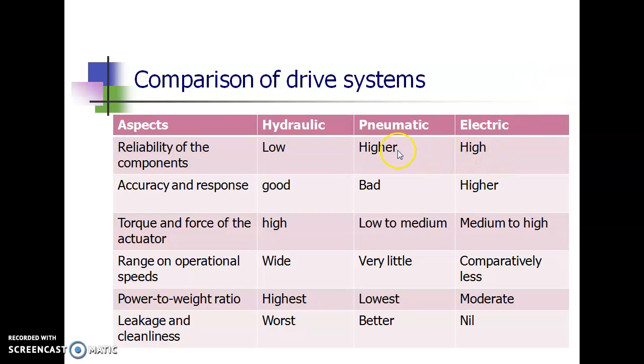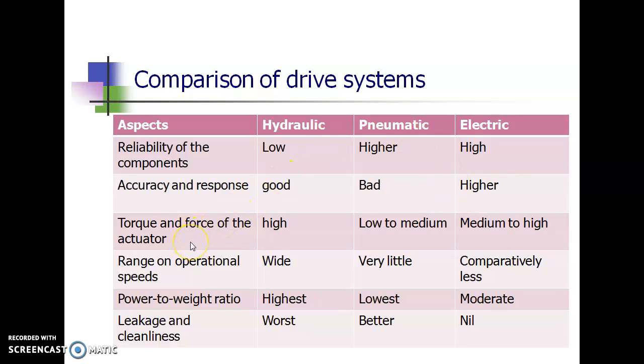So the pneumatic has the highest reliability. We are considering the accuracy and response. The hydraulic drives have very good accuracy, second, the pneumatic is bad because of the compressibility problem, and third, the electrical system has the higher accuracy and response.